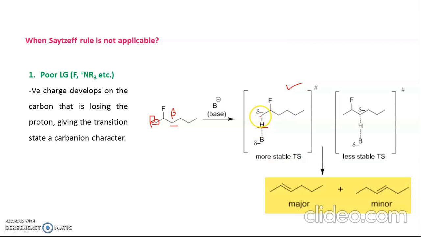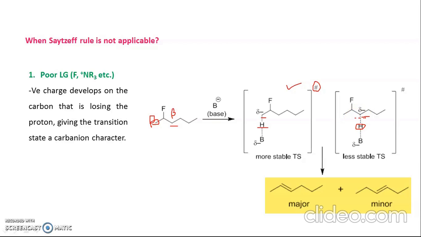Suppose if it is removing, then the negative charge, as it is a transition state, so there is partial negative charge on this carbon, and there is partial negative charge on this carbon if this hydrogen is removed. That is, when this CH bond will start breaking, at that time there will be some partial negative charge.